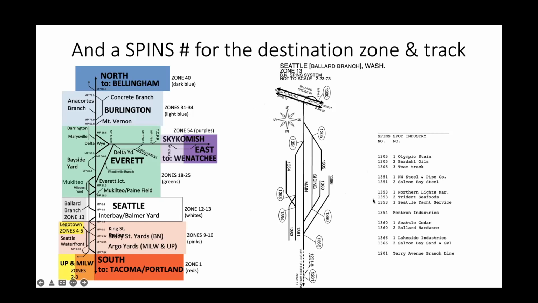And what's important on here is to note that there are 3 different companies that are all on track 1353. And so the way this works is this is zone 13, that's the 1-3, and then 53 is track 1353, which is down here. And this track here has all 3 of those industries on it. This is an aid to the operators of exactly where they're supposed to spot a car.